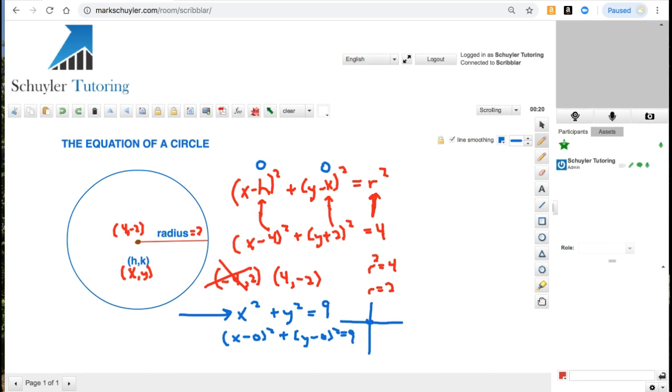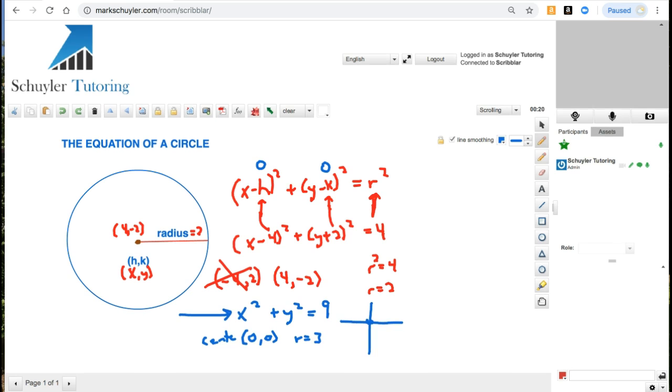No, just write it out as simply as you can in the most reduced form. So that's why we have just x² + y² = 9. Again, don't fall for the trap. The radius is not 9. The radius is 3. Yes, with (0, 0) as our center, if you have such a stripped down equation.